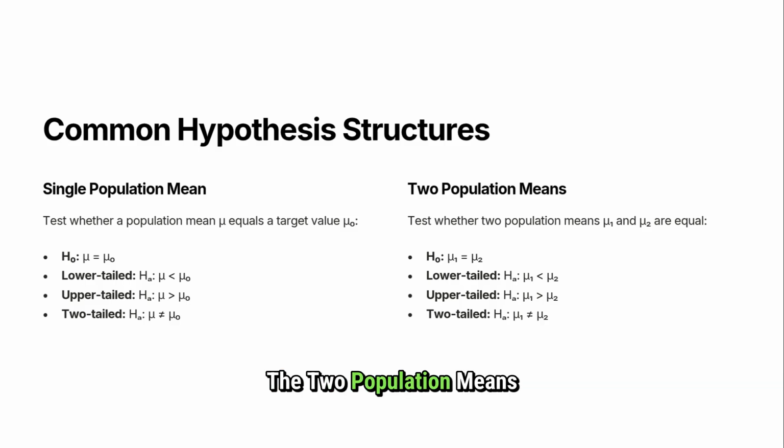The two population means test is used to compare the averages of two groups, such as before versus after improvement, machine A versus machine B, or supplier 1 versus supplier 2. In both cases, the analysis begins with the null hypothesis, H0, which assumes no difference or no change. The alternative hypothesis, HA, represents the difference or effect being investigated.